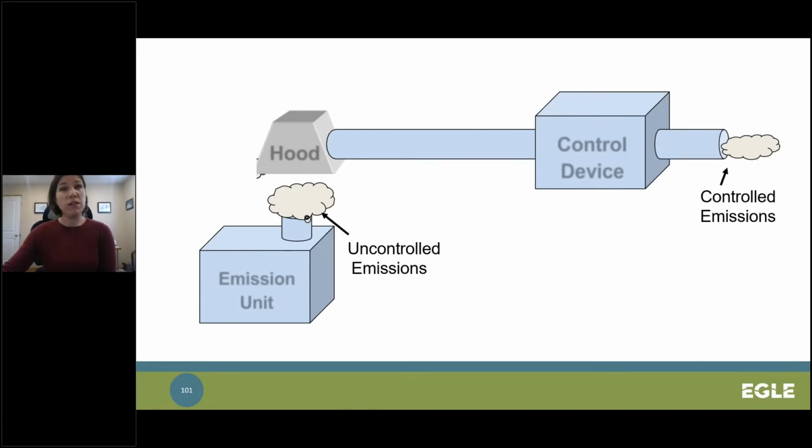Sometimes not all of the emissions are captured. Those emissions are called fugitive. Not all emission units have quantifiable fugitive emissions. Boilers, for example, have emissions that exit directly to a stack. So there's no fume hood or fugitive emissions.